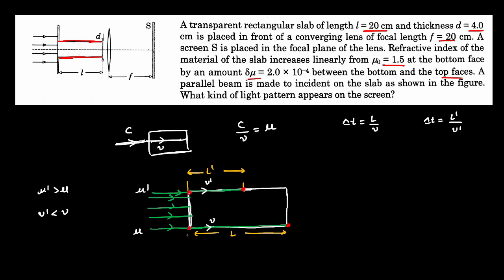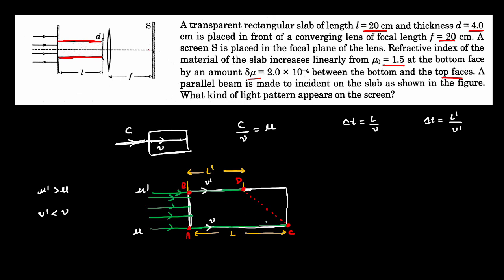By the time point A reaches point C, point B would have reached point D. So C and D are at the same state of oscillation. You can think of all other points corresponding to different layers, because at every single layer the speed of light is different, so they'll be covering different distances.